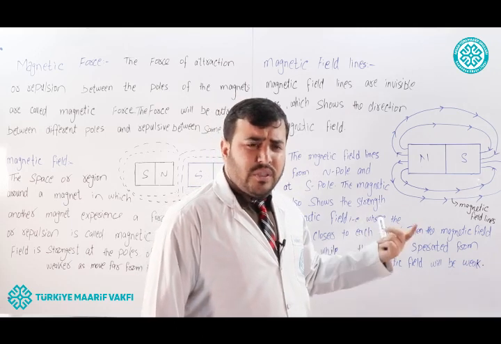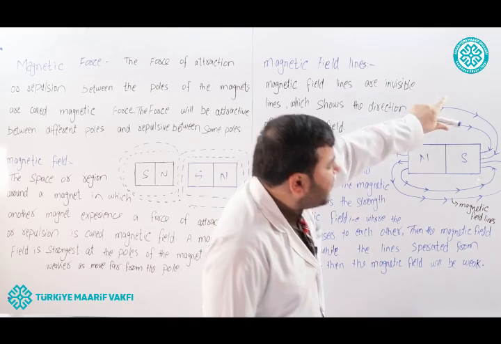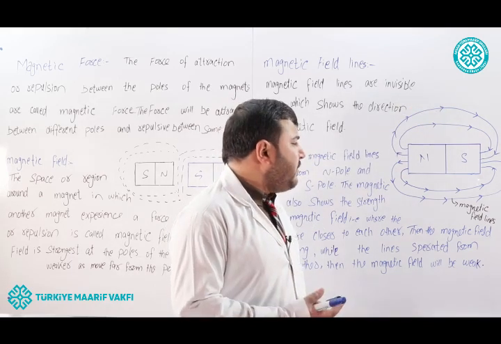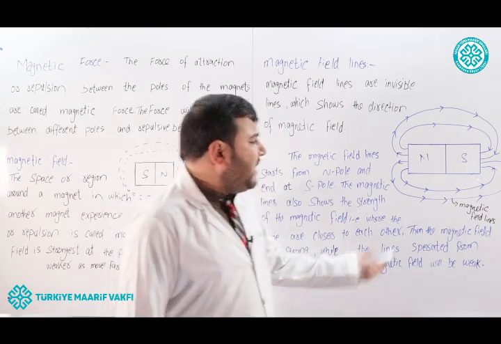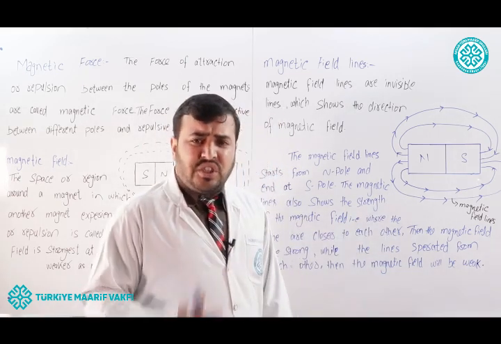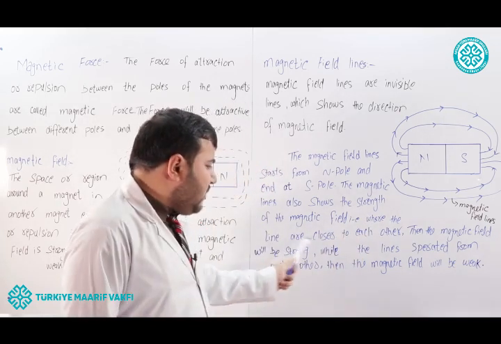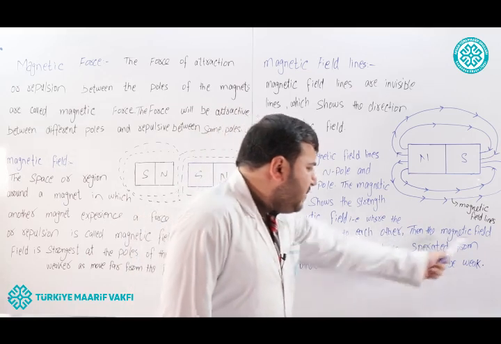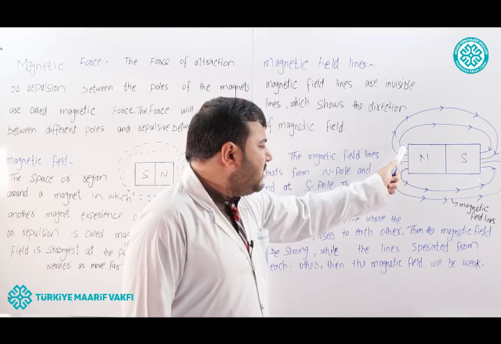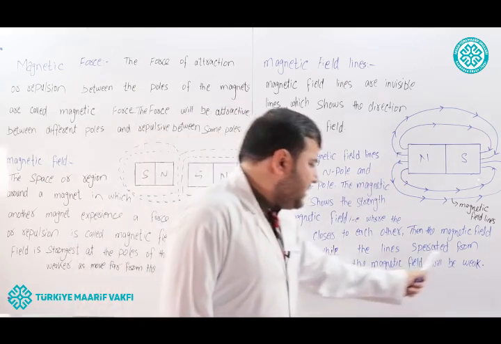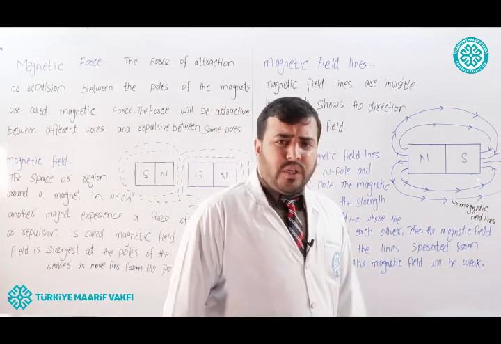So as compared to this point, here at this point the magnetic field will be weaker or smaller. So magnetic field lines can also show the strength of the magnetic field. Where the lines are closer to each other, then the magnetic field will be stronger. While if the lines are separated from each other, then the magnetic field will be weak.